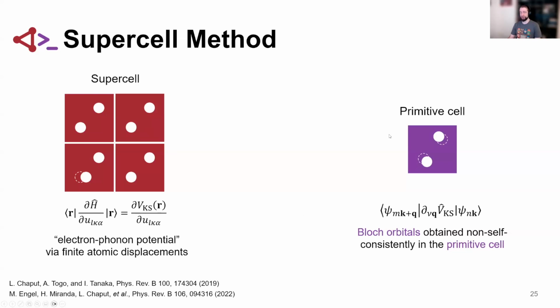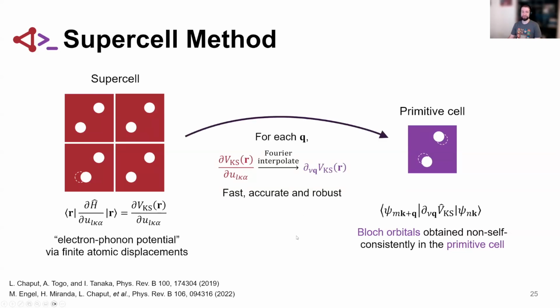And in order to do this transfer, we employ a simple Fourier interpolation of the potential. I say simple because maybe conceptually it's simple, but really there are a lot of technicalities that go into this process. But yeah, conceptually it's quite straightforward.